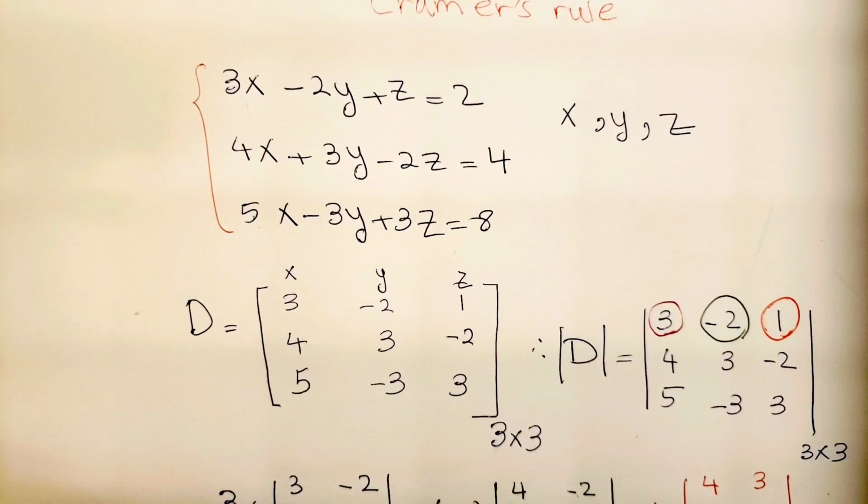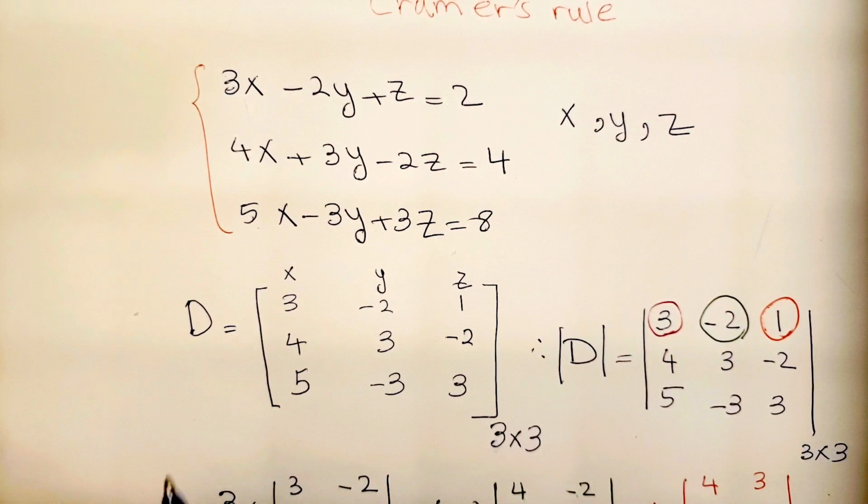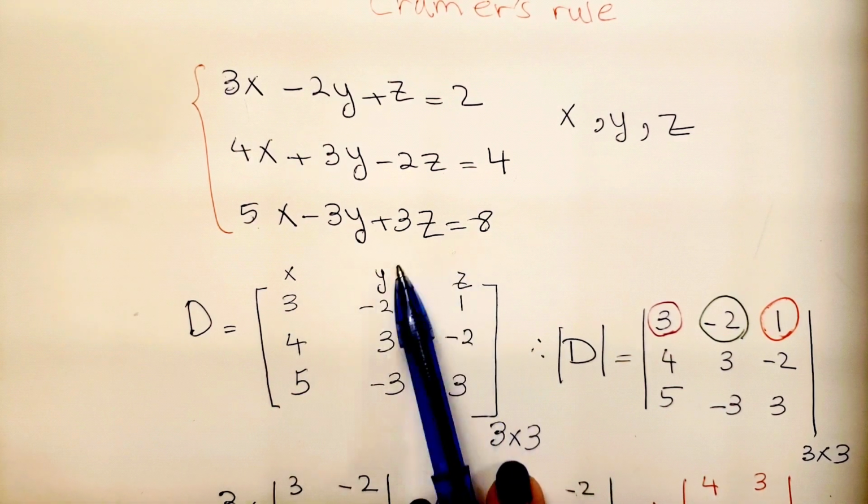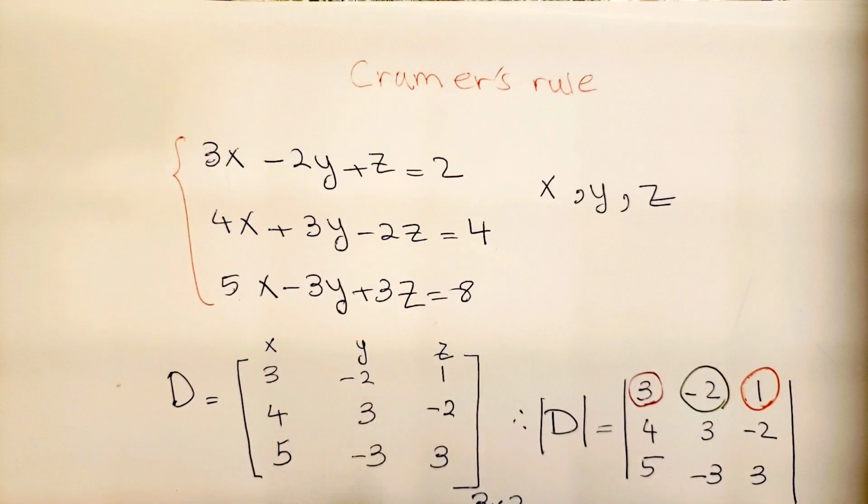Each of these determinants would be a 3 by 3 determinant. That's why solving a 3 by 3 linear system by Cramer's rule requires lots of patience and making sure you double check your answer every step of the way so you don't make any mistakes. Okay, so now let's form the Dx.